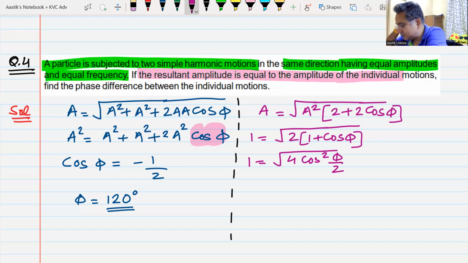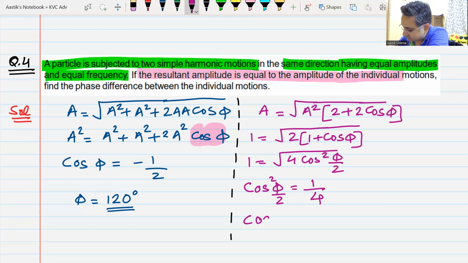And it is coming as theta by 2 equals to plus or minus 1 by root 2. So phi will be coming as 120 degrees.